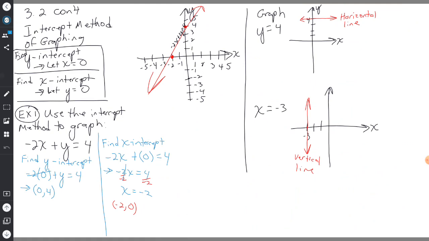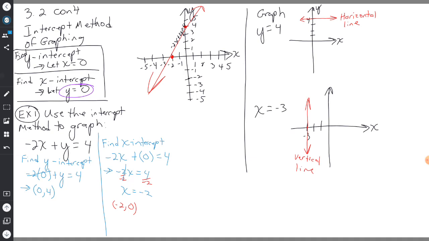So that brings us to graphing with the intercept method. When we want to graph using the intercept method, we find our y-intercept by letting x equal 0, and then we find our x-intercept by letting y equal 0 in the equation.